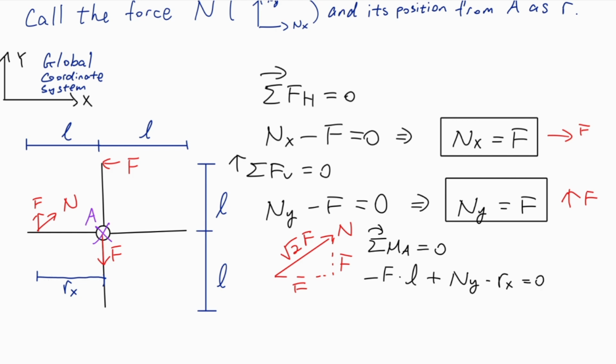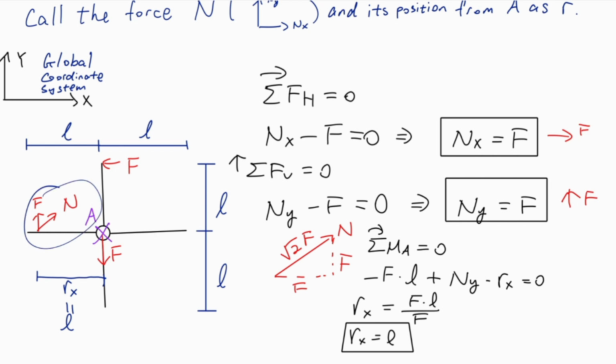Rx being this arbitrary point. And then when I put my equation together, I get F times L divided by F, which tells me that Rx is equal to L. So if I put my force on the x-axis, I have to put it at length L, such that this moment generated here cancels with this one, okay?